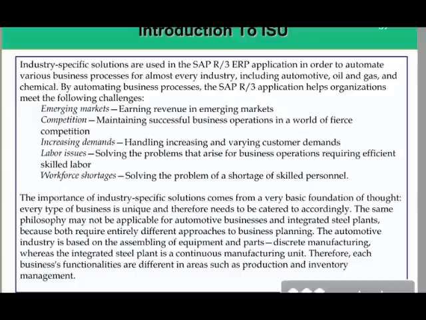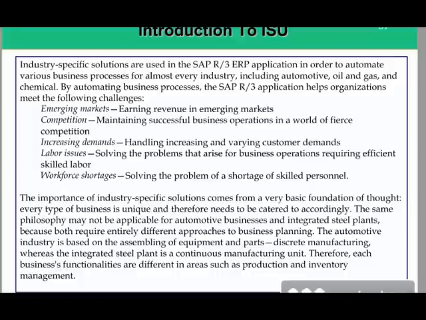By coming up with this solution, SAP answered the challenges that came up. One of the few challenges answered by industry specific solution is the emerging market.